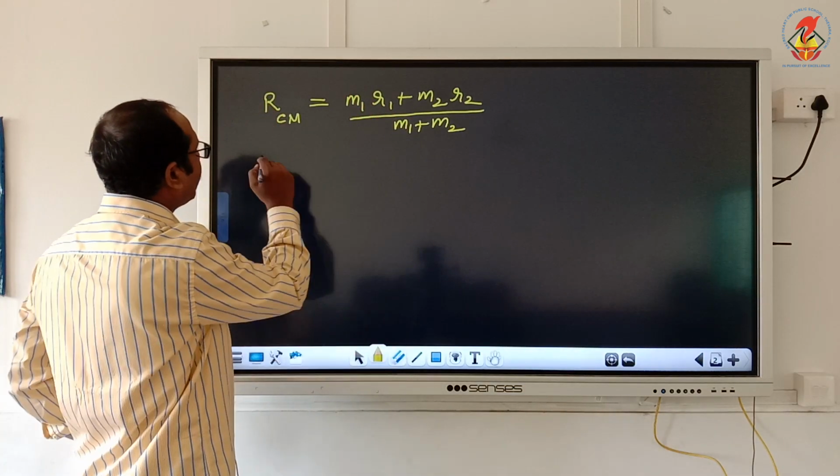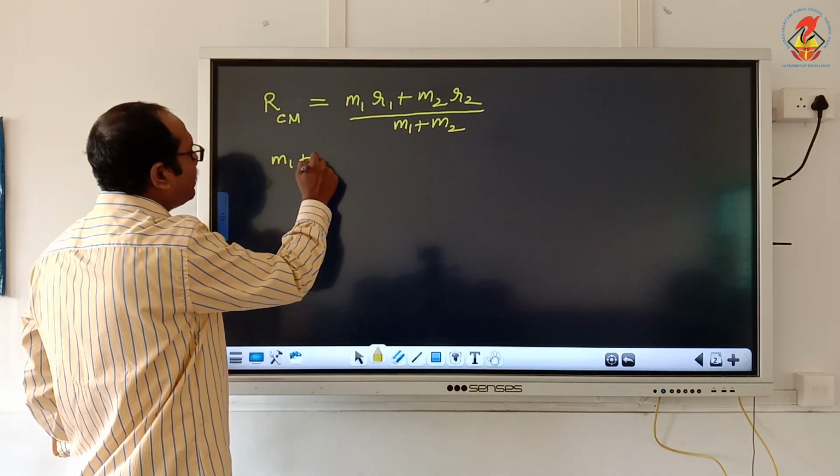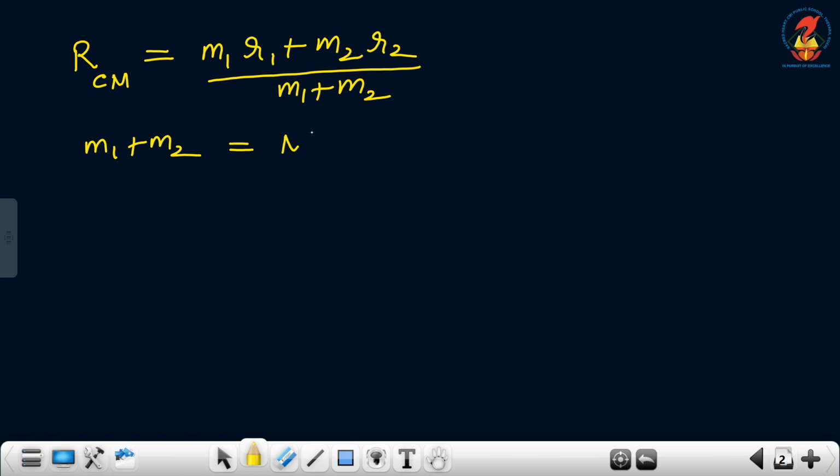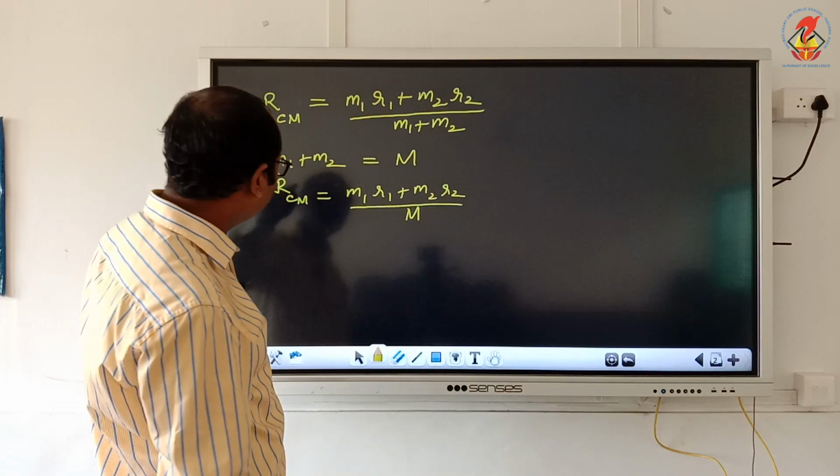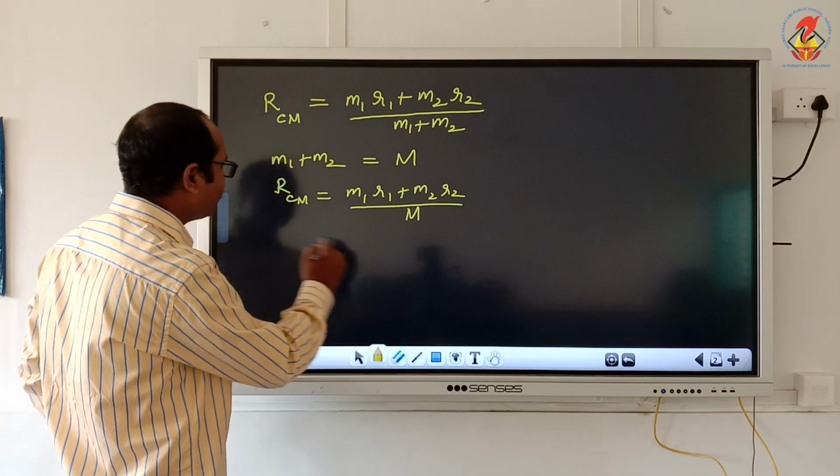Now, m1 plus m2 can be equal to capital M, the total mass of the body. So, RCm is equal to (m1 r1 + m2 r2) divided by M. In the next step, I take this M to the LHS.